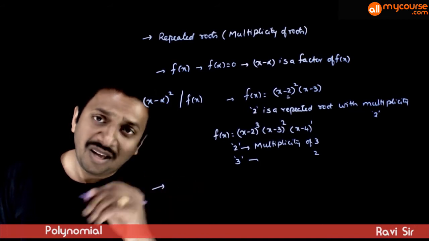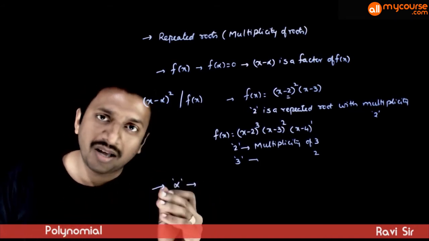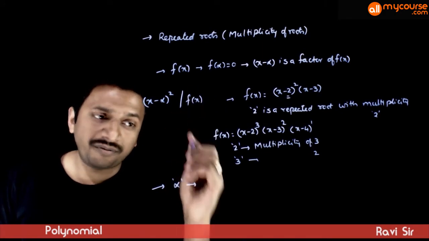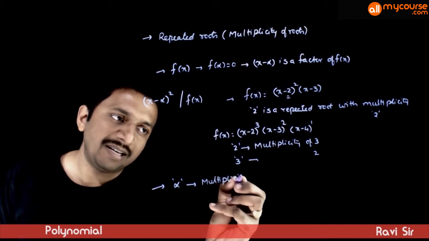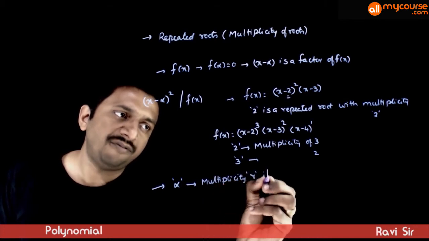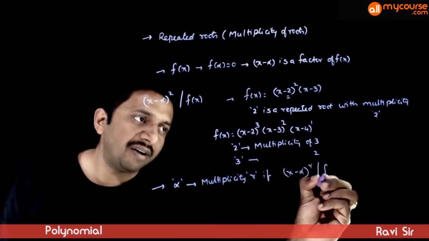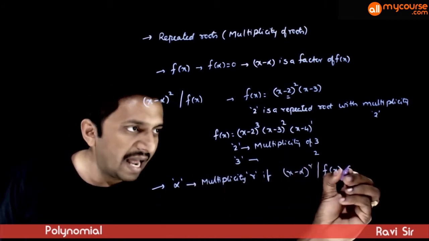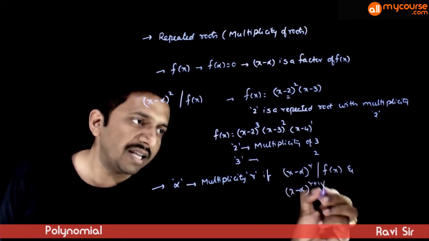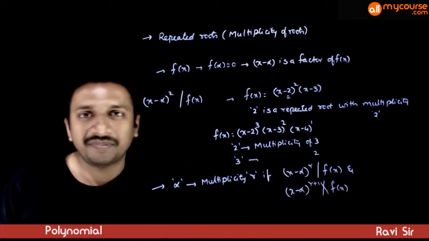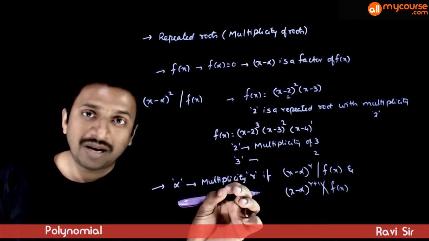So if I have to give it a definition, alpha is called a root of f of x with multiplicity r if x minus alpha whole power r divides f of x and x minus alpha whole power r plus 1 does not divide f of x. So I am looking for the maximum multiplicity.